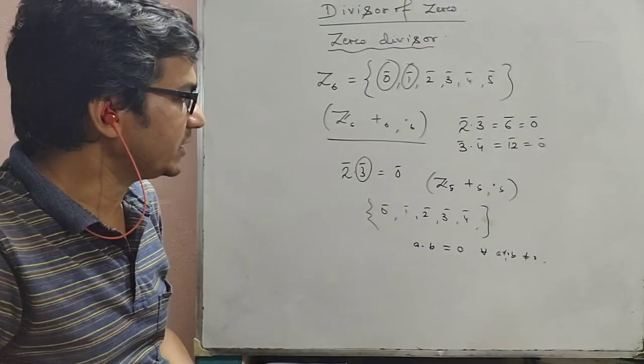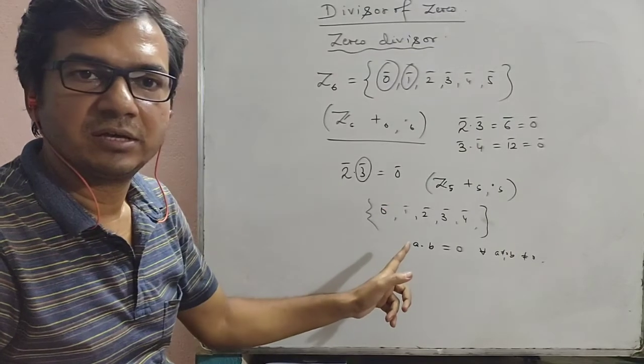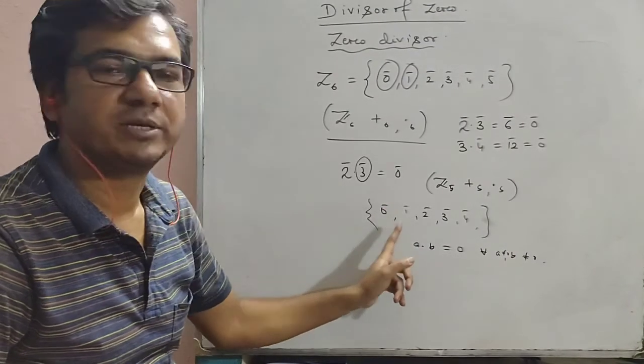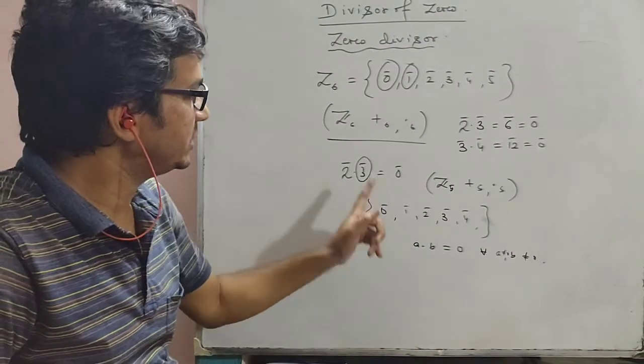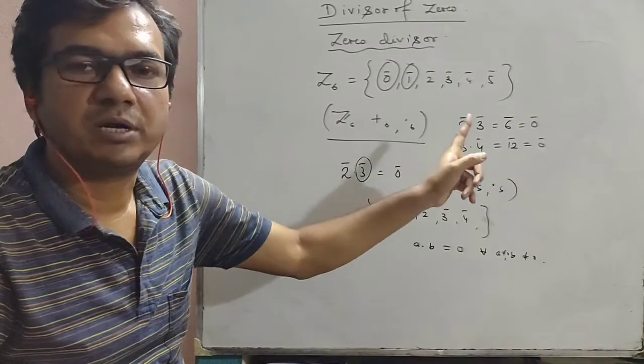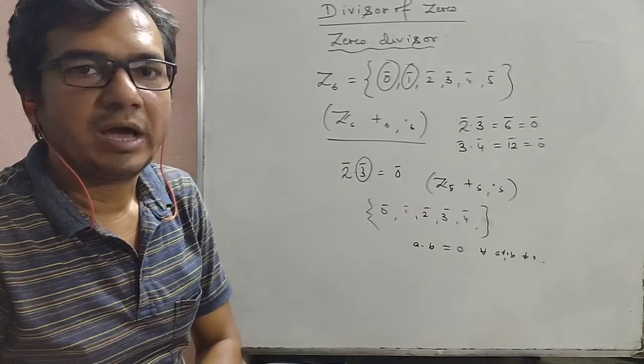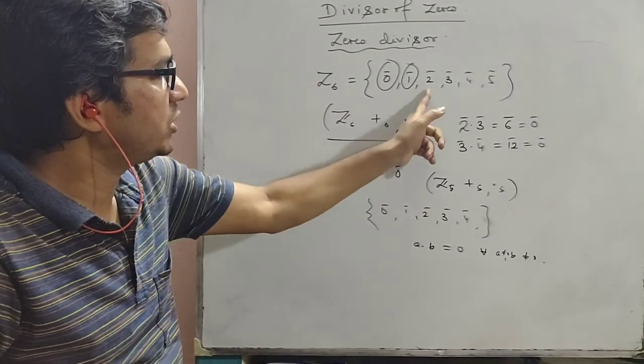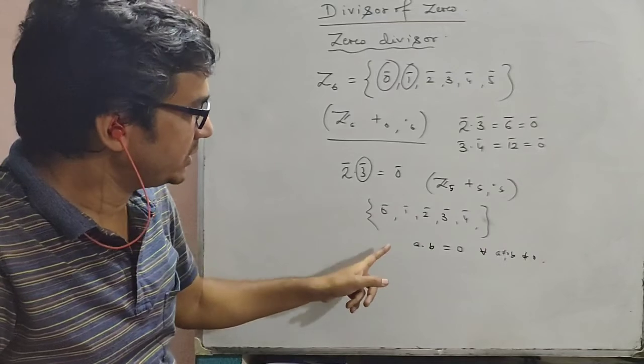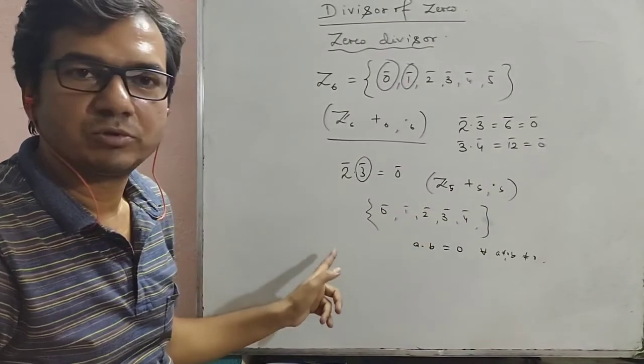So this ring contains no divisor of 0, but Z6 contains divisors of 0, and the divisors of 0 are 2 class, 3 class, 4 class, but here no divisor of 0.